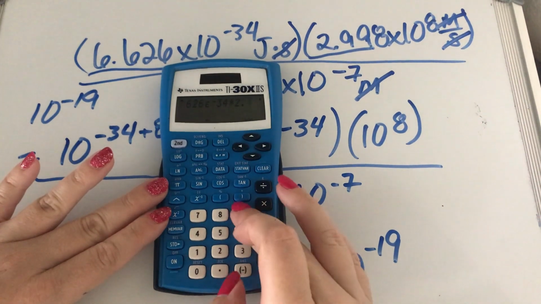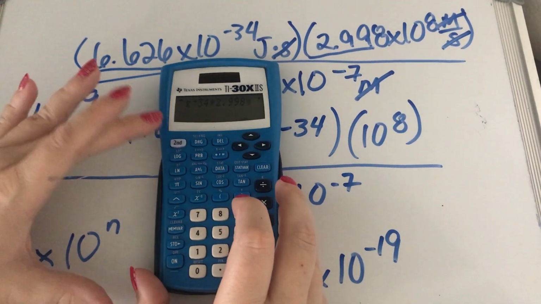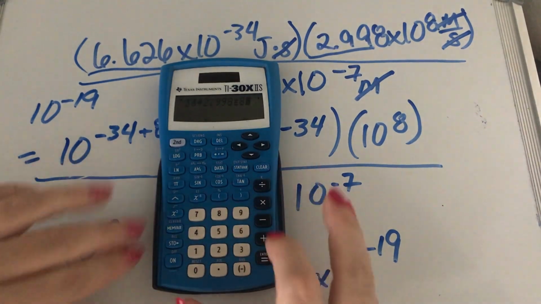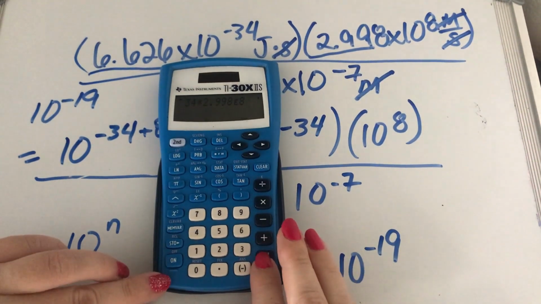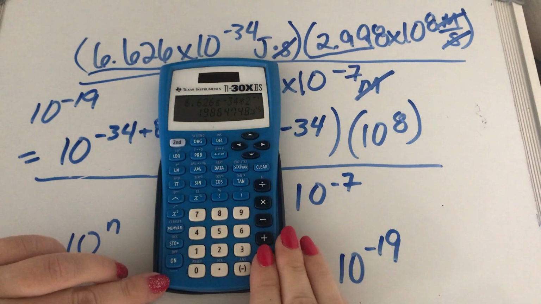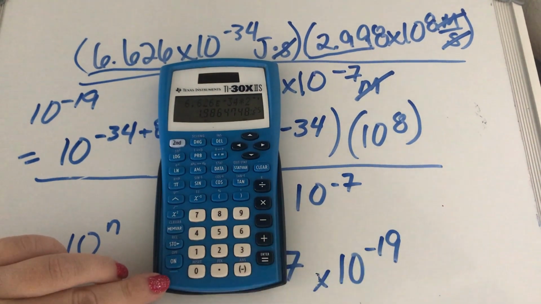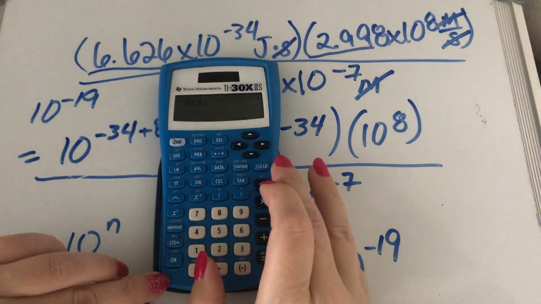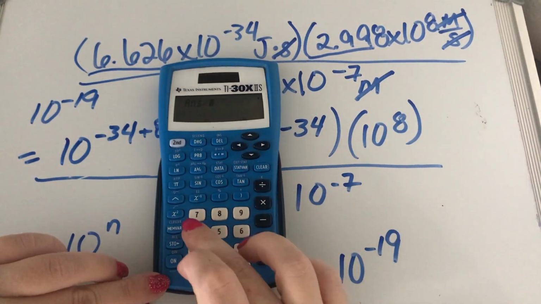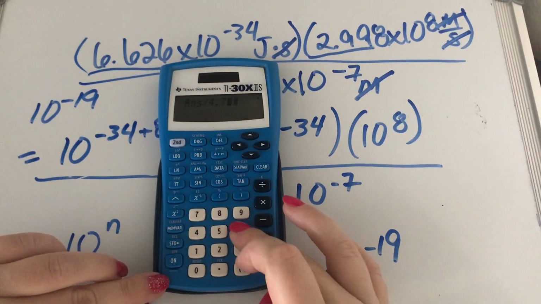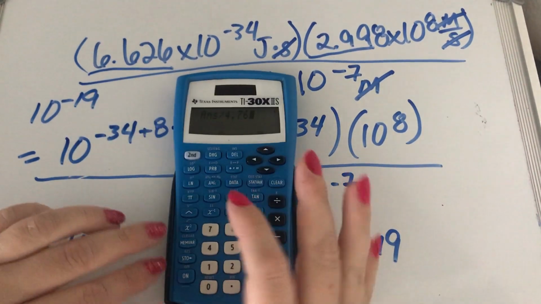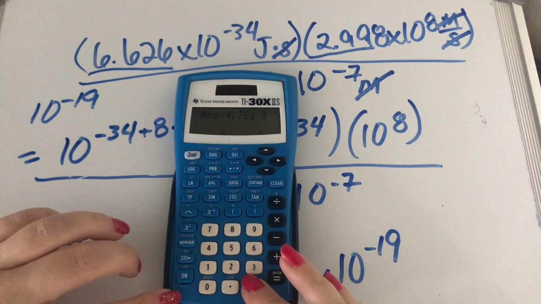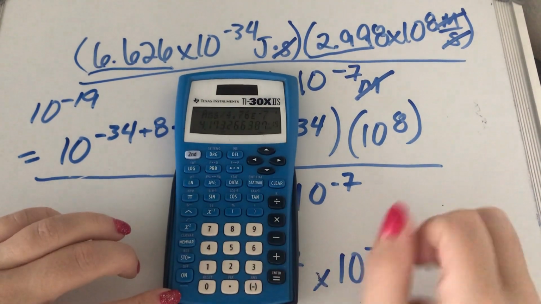times 2.998 secondary EE to the 8th. All of that gives me 1.9 blah blah blah times 10 to the negative 25th, and then I'm going to divide that by the denominator, which was 4.76, second EE to the negative 7th.